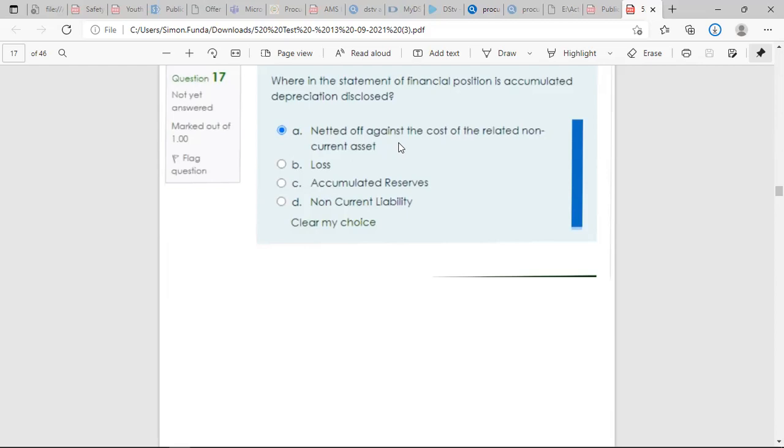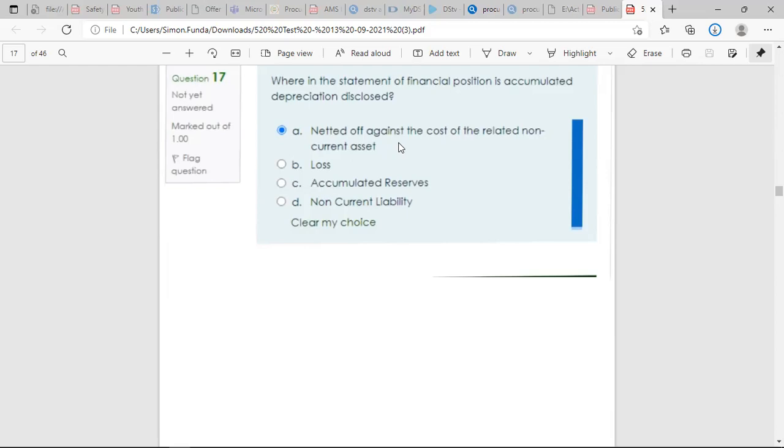First of all, we show the cost, which is 100,000. After 3 years, the depreciation has been 30,000, so you subtract 30,000 from 100,000 and you have 70,000.